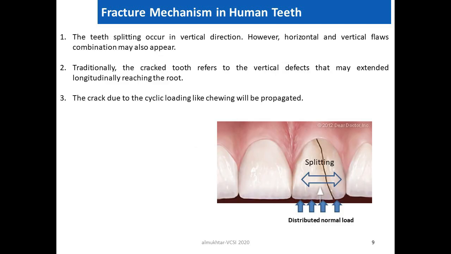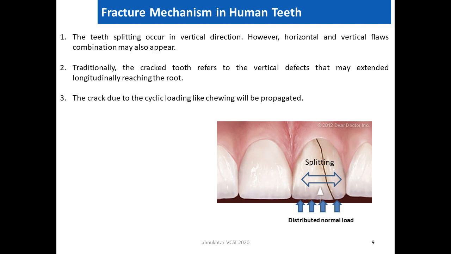The teeth splitting occurs in the vertical direction. However, a combination of horizontal and vertical flaws may also appear. Traditionally, the cracked tooth refers to a vertical defect that may extend longitudinally, reaching the root.